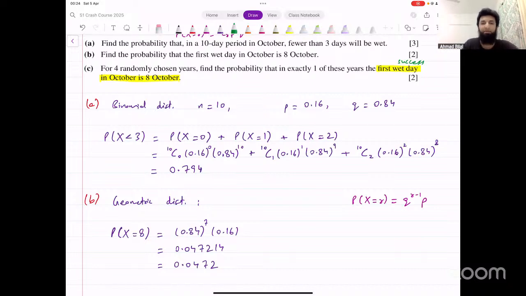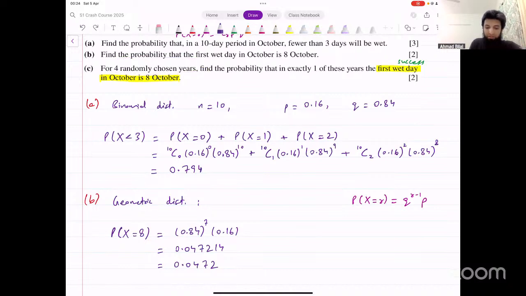Okay, that year is successful. Out of 4 years, what is the probability that we have success in exactly 1 year? What type of distribution is that? That is binomial distribution. We're talking about the probability of having a certain number of successes, probability of having one success, right? So that's a binomial distribution.